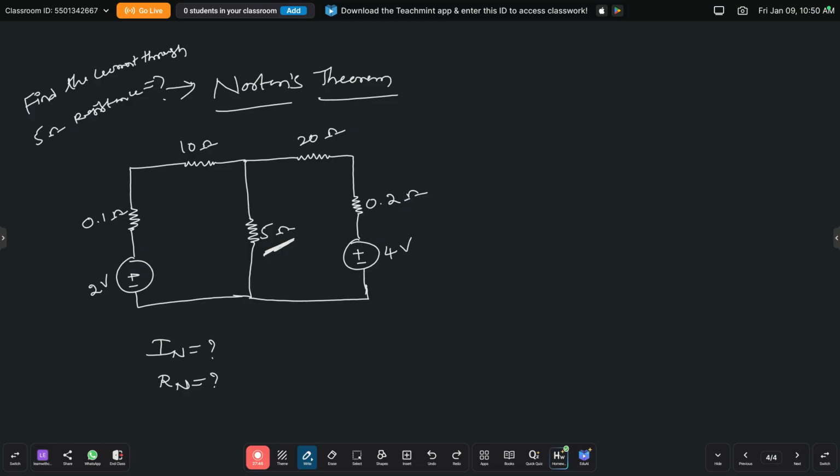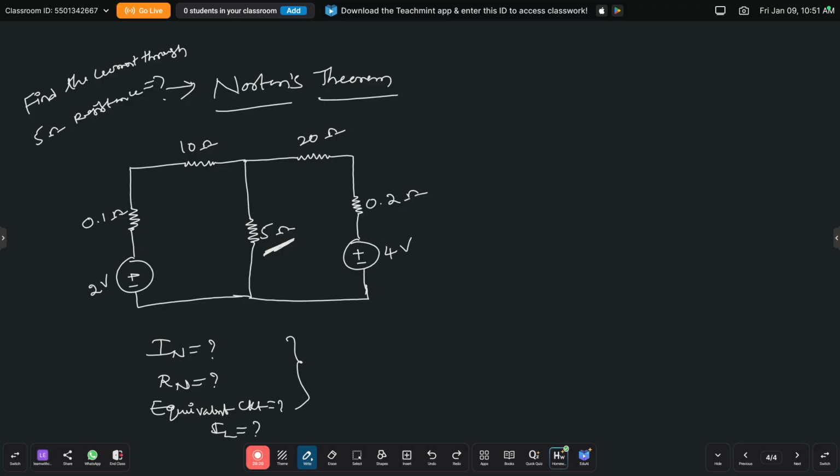After finding the current and resistance, you draw the equivalent circuit, and then find the value of the load current IL. So this is the procedure for Norton's theorem: first Norton's current, then Norton's resistance, then the equivalent circuit, and finally we get the total current IL by applying the formula.